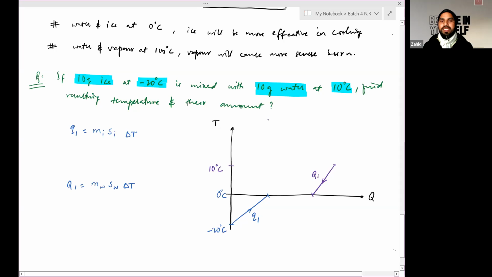Please ask if you have any doubt in the calculation of these two terms. Mazia, any doubt? Raza?